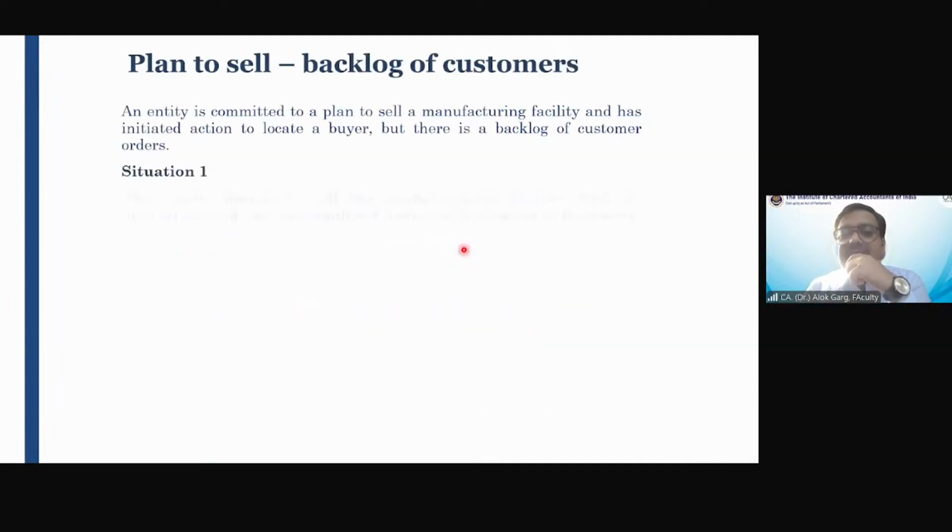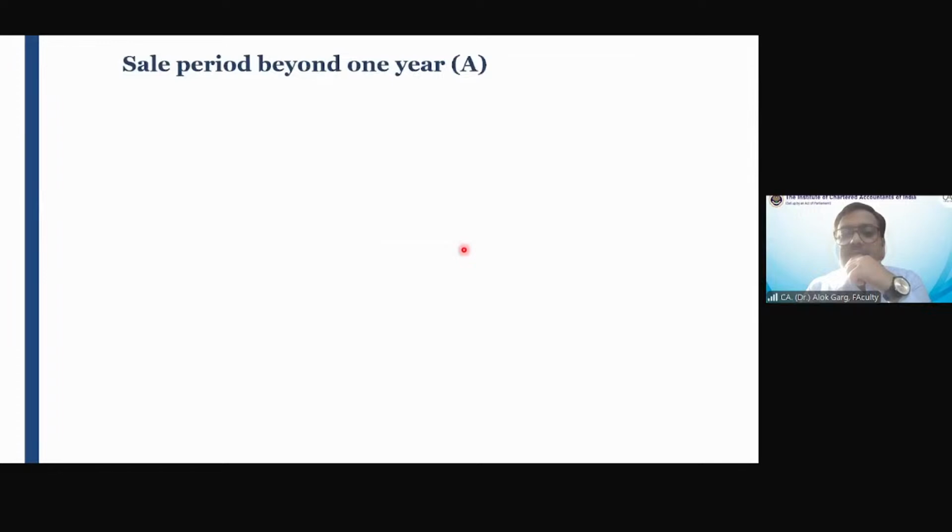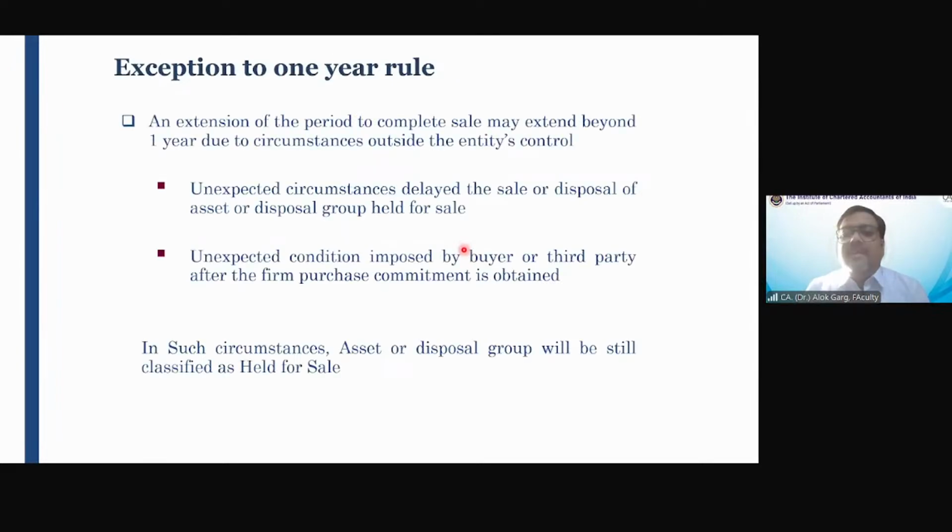Standard says that even if the company is not able to sell within 1 year, right? Even if the sale period goes beyond 1 year, the company will still continue to classify that asset as held for sale under the current asset category, in two circumstances.